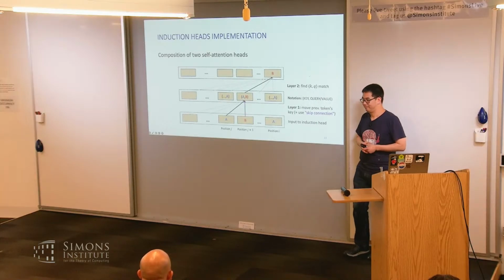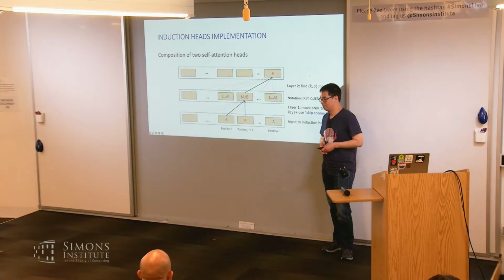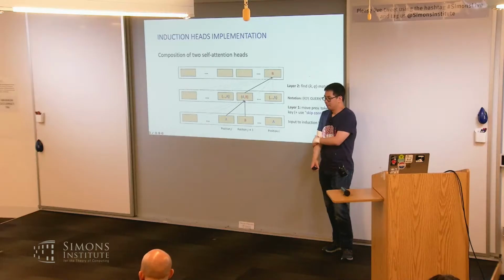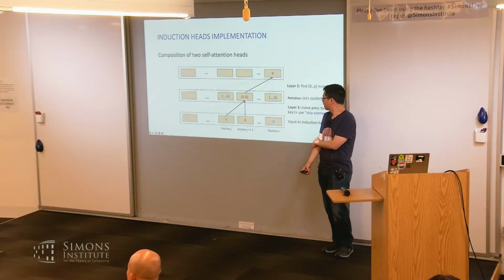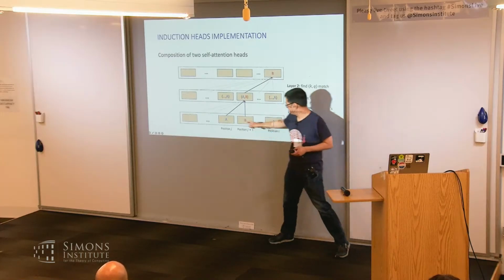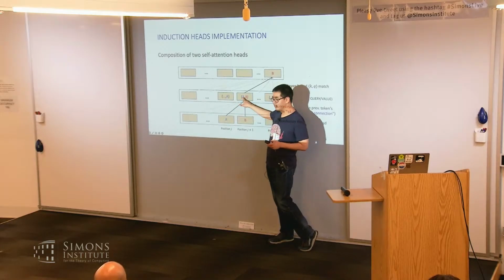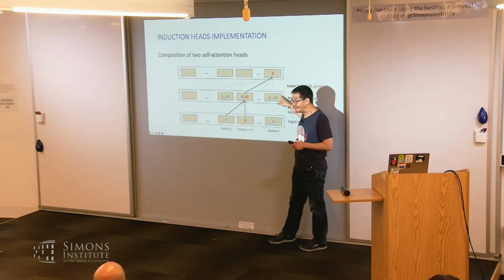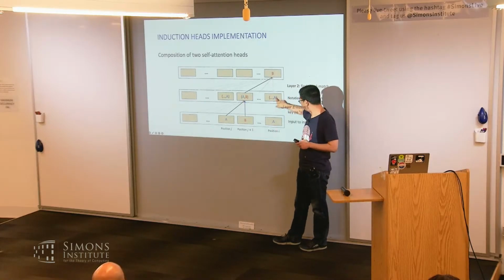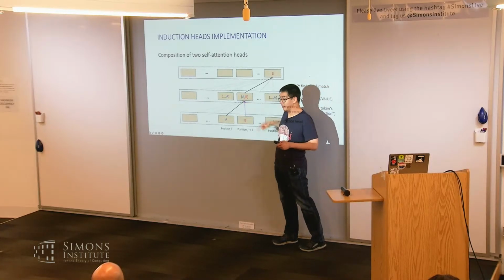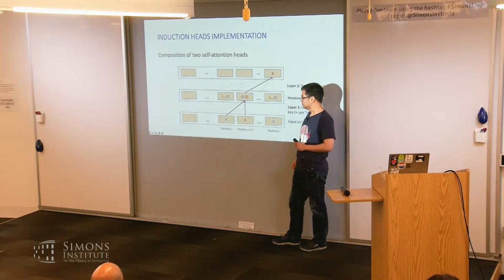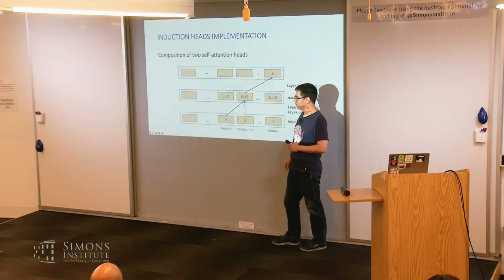Yeah. So can't you think of this as moving the previous position's query to the following position's key? I would think of it as you want the key of this one to move up here, so that your query... Yeah, but the query of A should match the key of this one. Yeah. You want the query of A back there to move to the key of the next one.